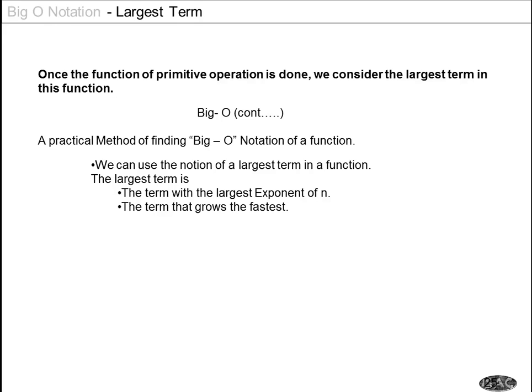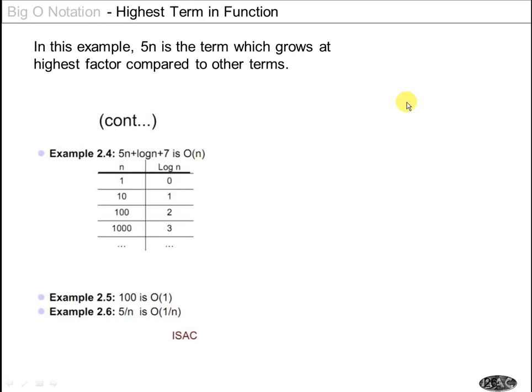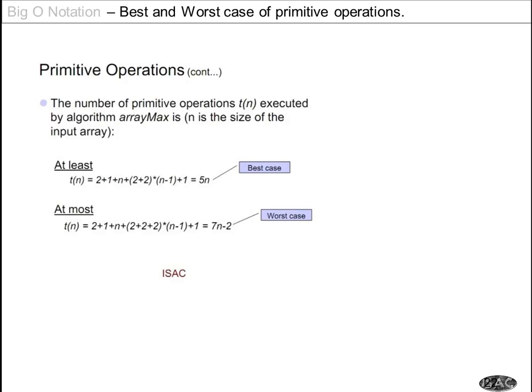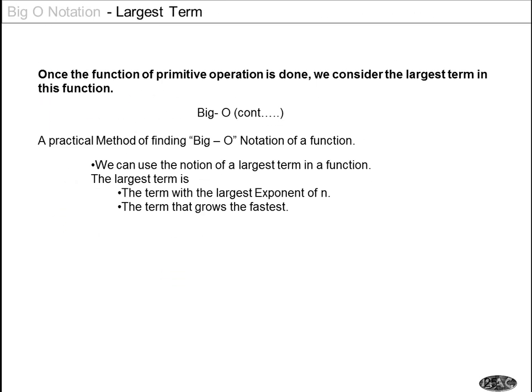Now once the function of primitive operations is done, in the last one we had 5n and 7n minus 2, correct? The number of primitive operations was 5n, and in the other case it was 7n minus 2.